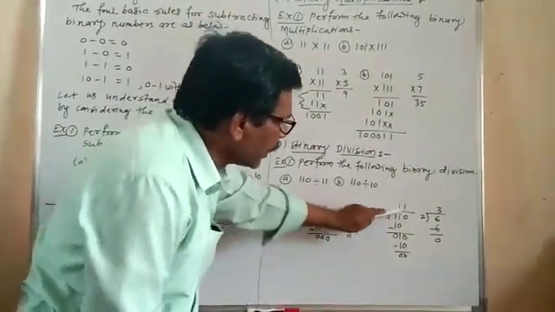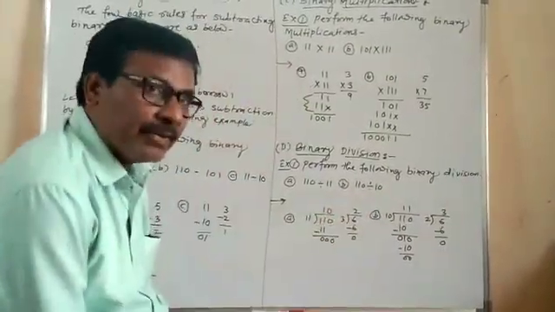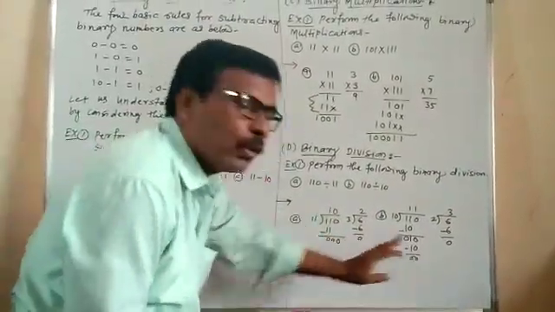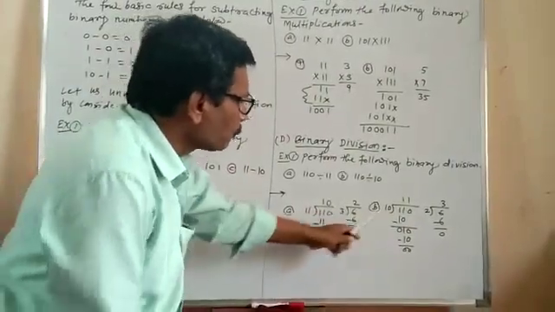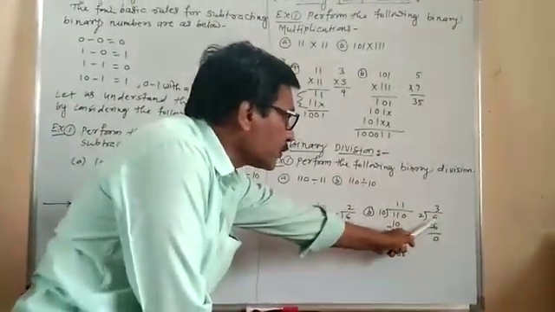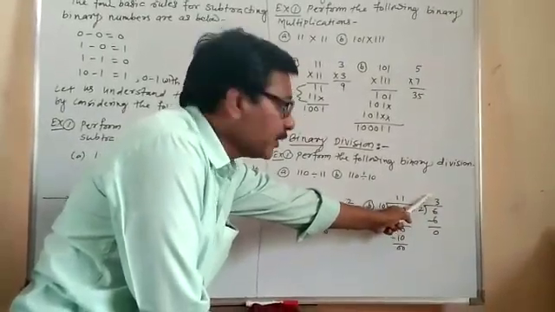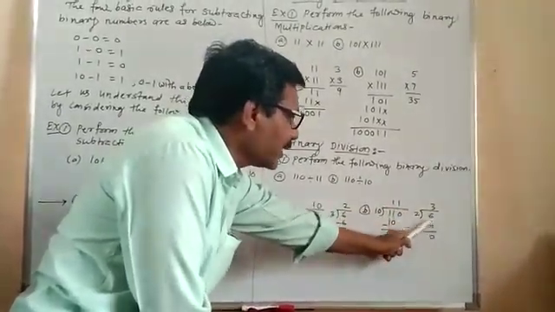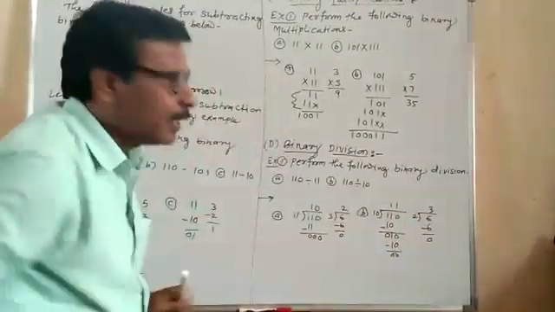So we are getting 11 as the quotient and 00 as the remainder. Here 10 is 2, 110 is 6, and we get the quotient 3. So 2 into 3 is 6, 6 minus 6 is 0.